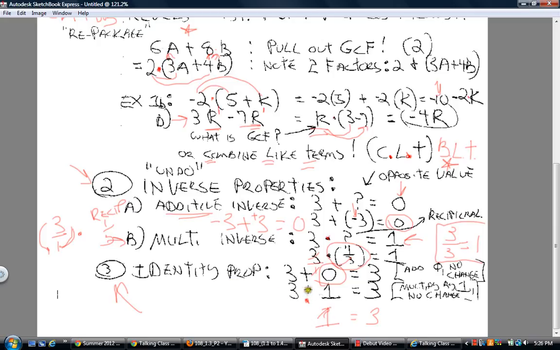The multiplicative identity property is 1. And we do this all the time. When we finally come down and work an algebra problem, we say 1x equals 5. We're using this identity property. 1 times anything, class, is itself. 1 times x is x. And therefore you finally isolated that variable. And you know what it is.